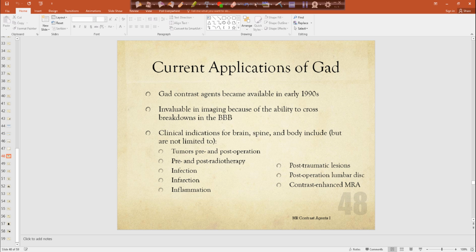So anytime you have a lesion within the brain or anywhere in the neurological system, there's a breakdown in the blood-brain barrier, which surrounds the brain and the spinal cord. If you have a breakdown, that's when the contrast can leak in and highlight those structures.